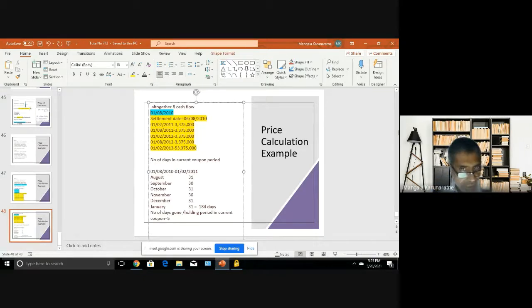So all others are okay, right? But this particular first coupon will come not in 6 months, but in a few days less than 6 months, right? So you calculate the N. How do you calculate? You get the remaining period and you divide it by the full coupon period, right?